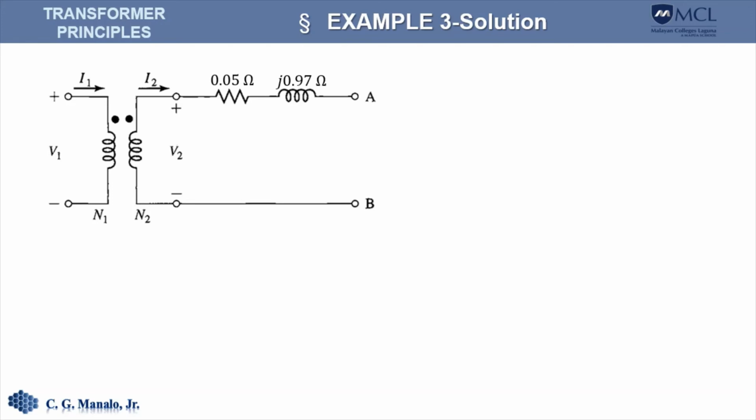Here's the original circuit again, and in order to answer the first question, we need to transfer this impedance to the primary. So we draw the equivalent circuit. This is our primary here, and we transfer the resistance and the reactance.